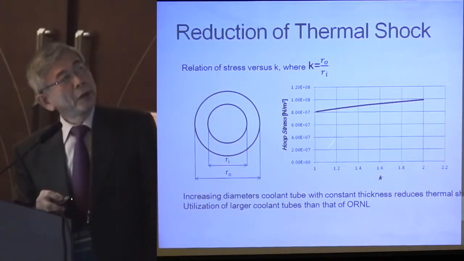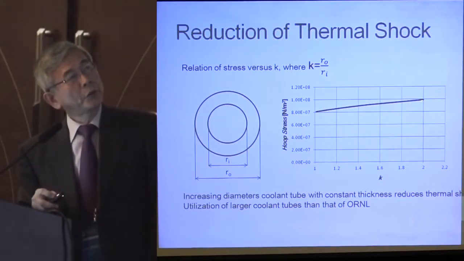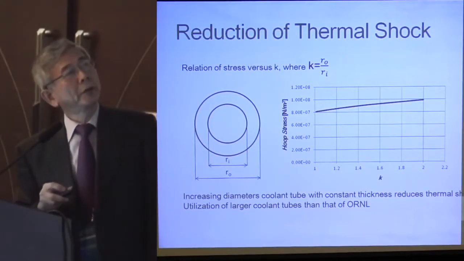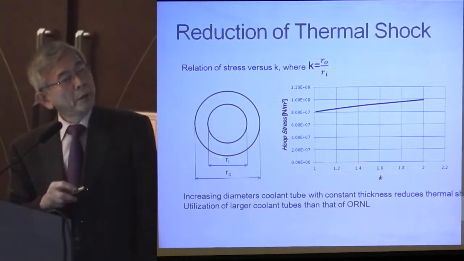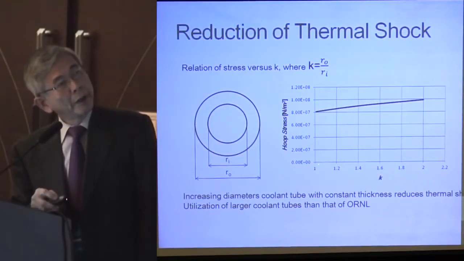And when this value approaches 1.0, then the thermal shock can be reduced a little bit, maybe 20%. So in our case, our K value is around 1.